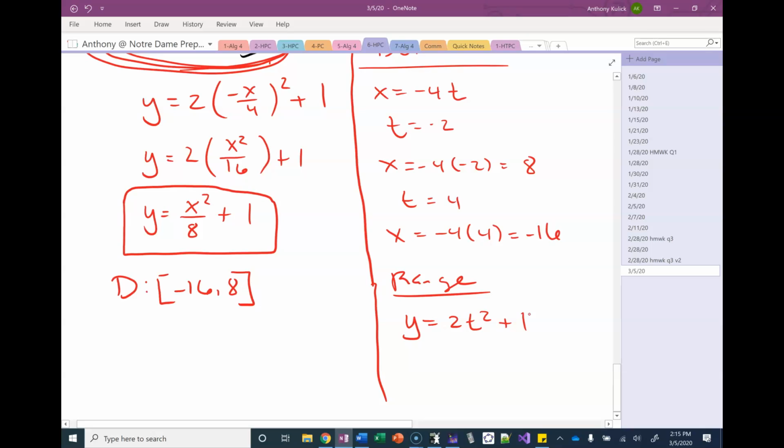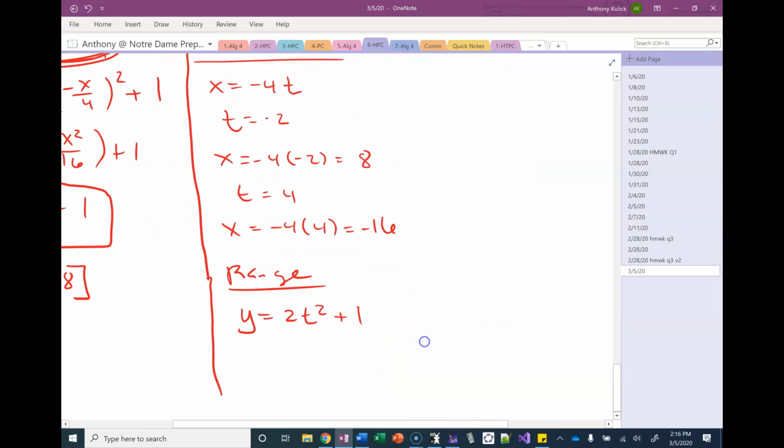You need to find the minimum value, which occurs where? What does the graph of a quadratic look like? A parabola. So where's the minimum value going to be at? At the vertex, right? Furthermore, we know this parabola opens up because the leading coefficient is positive.